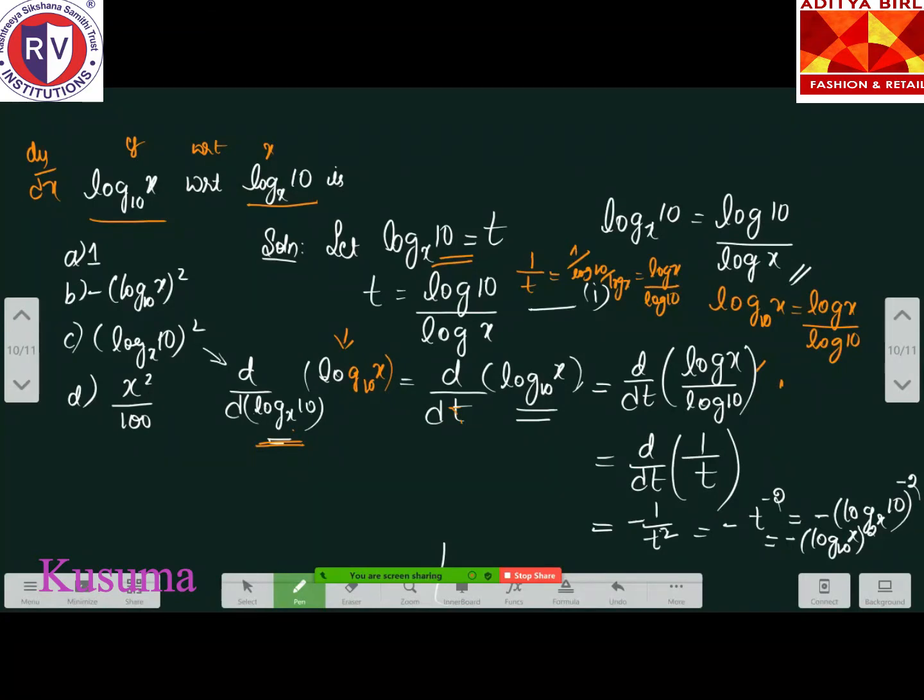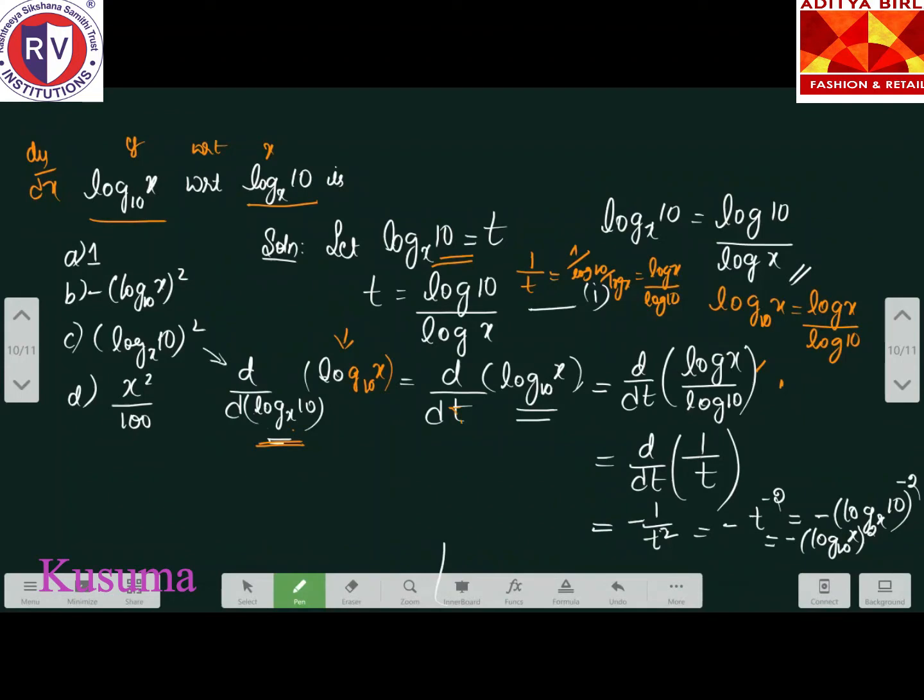Now we have to differentiate 1 by t with respect to t. And we know that differentiation of 1 by t with respect to t is minus 1 by t square. Minus 1 by t square is nothing but minus of t to the power of minus 2.